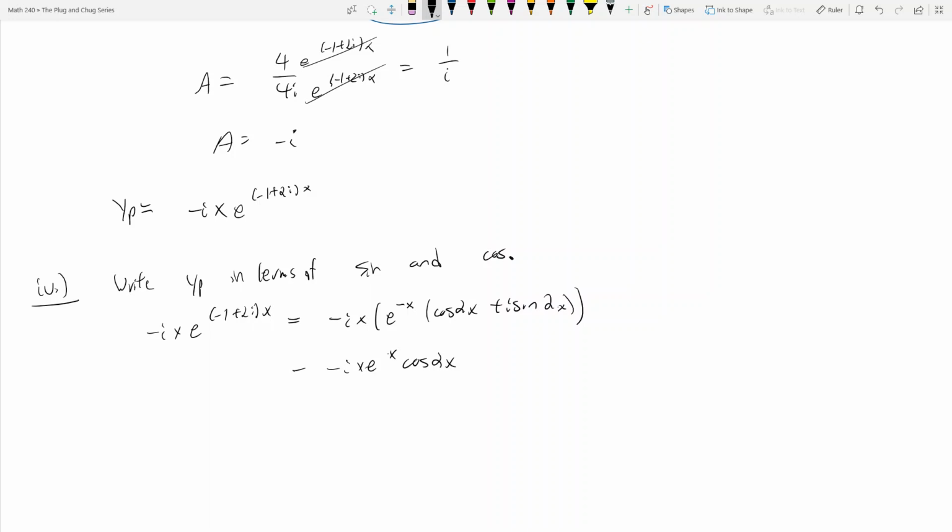So now I get plus x e to the negative x sine 2x, by distributing. All right. So now, are we done finding yp? So yp is equal to this. And the answer is still no, we're not done finding yp.